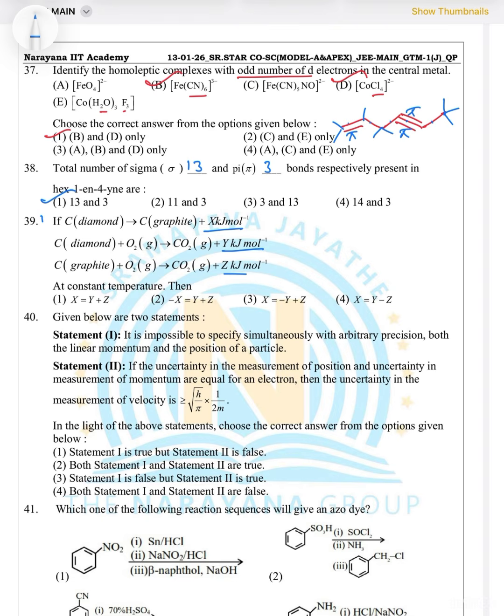Because here we want C diamond to C graphite, diamond should be on the left side and graphite on the right side, but here it is on the left. That's why you have to reverse this reaction, then plus becomes minus. So X equals Y minus Z. Fourth option is correct.